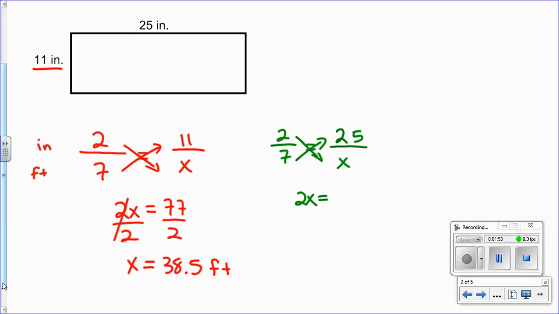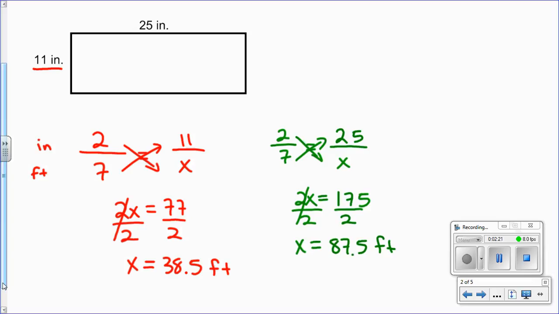I get 2x equals 25 times 7, which is 175, and divide by 2. We get 87.5 feet.